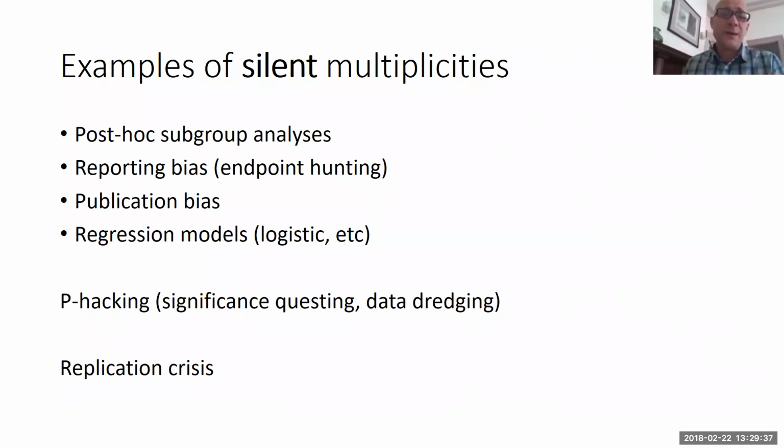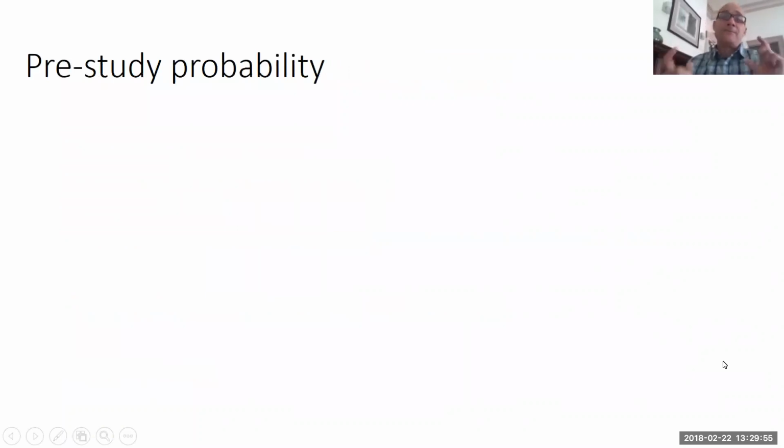This is called p-hacking or significance questing or data dredging, and it's common not just in medicine, but in psychology and economics and sociology and various other areas of science, and it's led to something called the replication crisis in science.